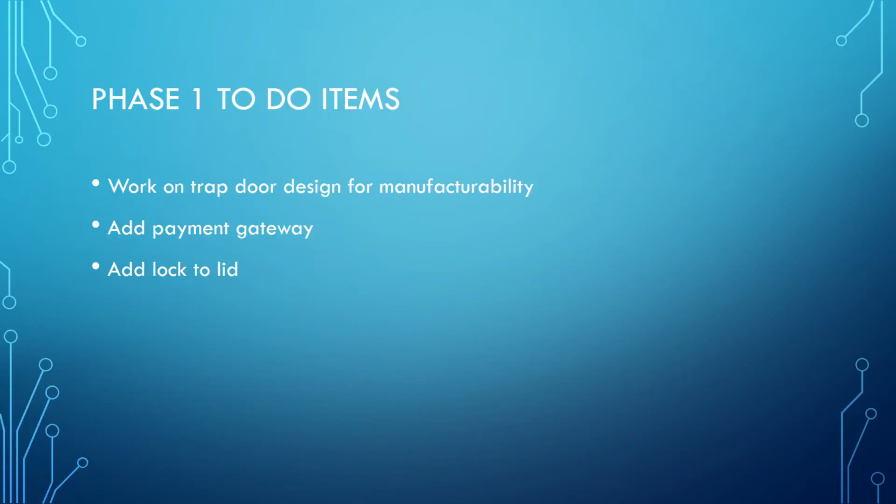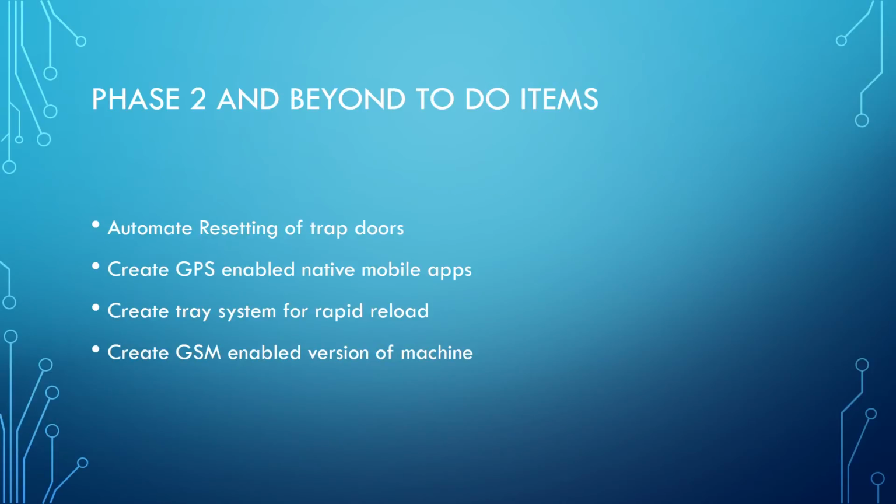Add a payment gateway, so a method to actually pay for the candy through, whether that's an API or whatever it may be. We'd also eventually, more phase 2, but we'd like to add in a way to earn credits for candy. So that could be through advertisement, games, doing other apps to earn points, and then add a lock the lid finally.